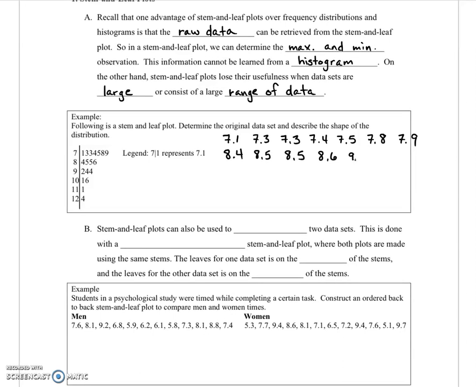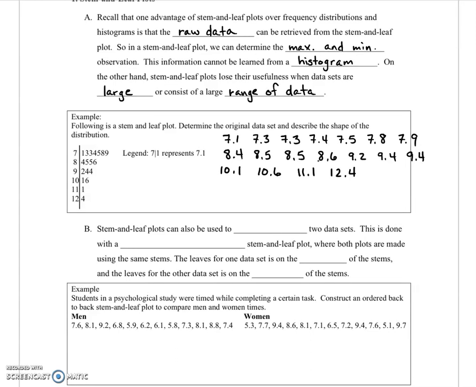Then keep going. 9.2, 9.4, another 9.4, 10.1, 10.6, 11.1, and 12.4. So we've now recreated the data set.